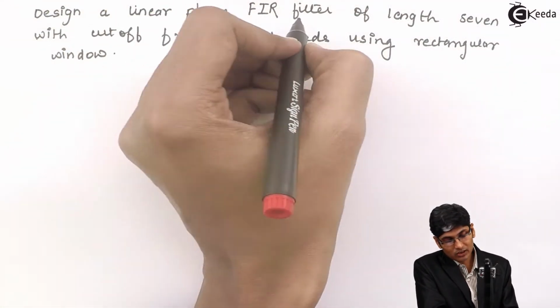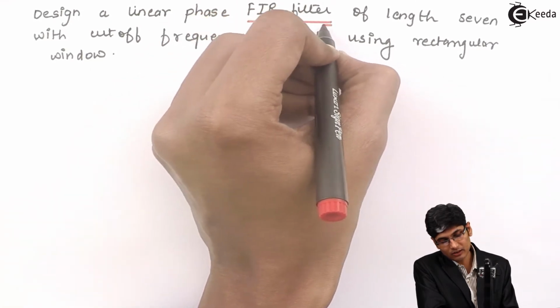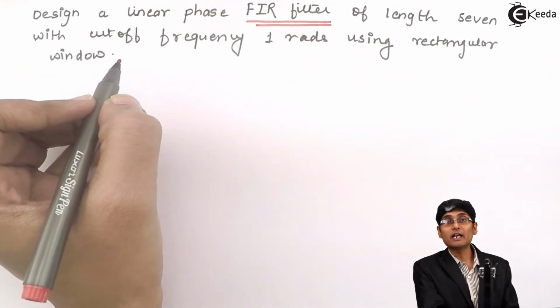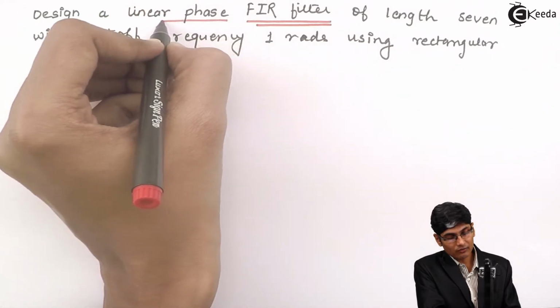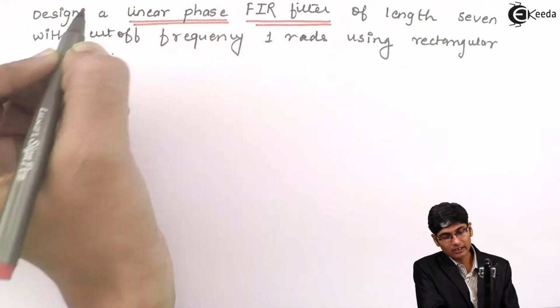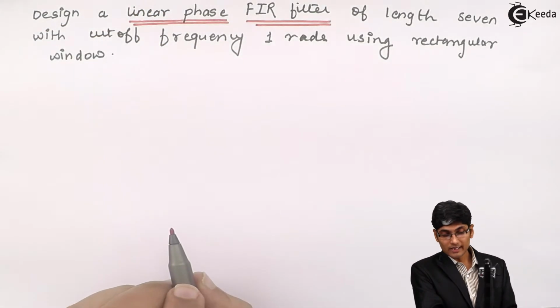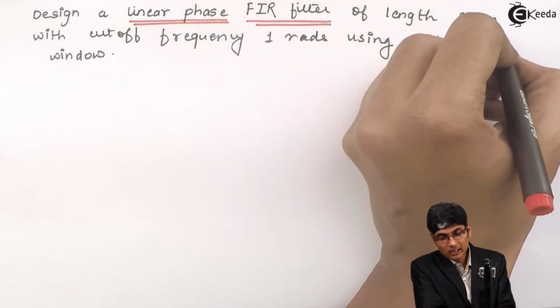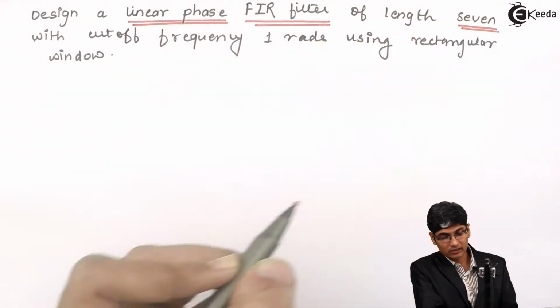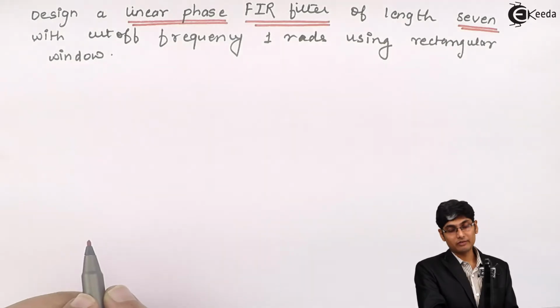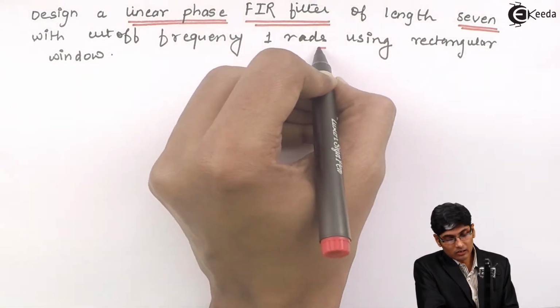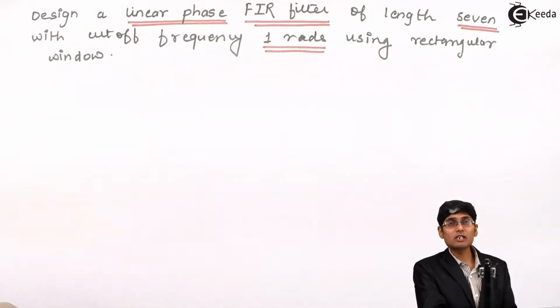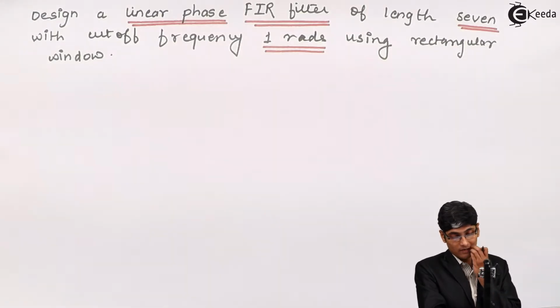First, they have mentioned that we have to design an FIR filter, but they are emphasizing that the FIR filter must be a linear phase. Second, the length of the filter, the order of the filter, should be 7. And lastly, the cutoff frequency is 1 radian per second.